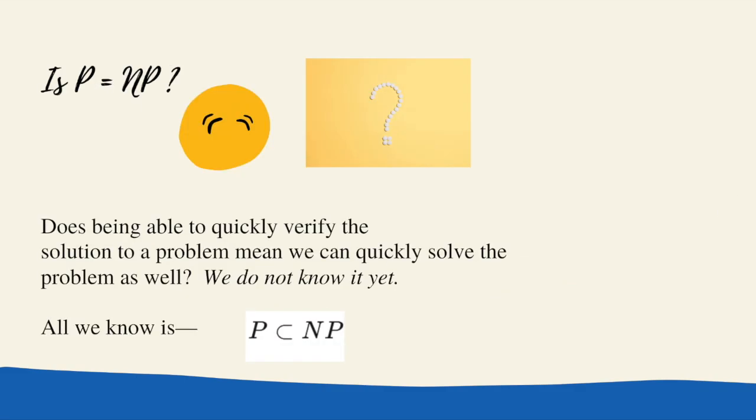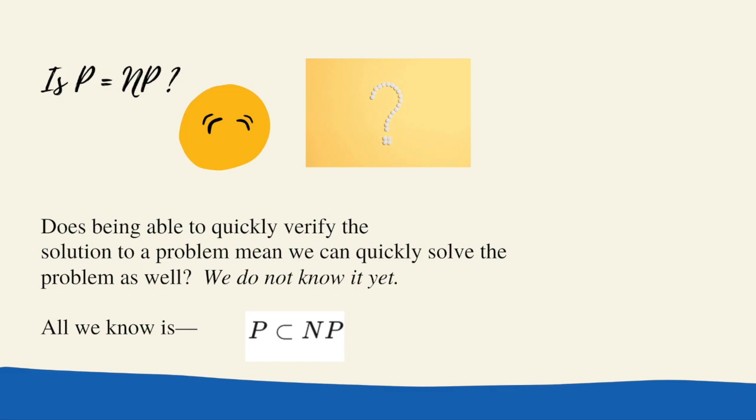Yeah, and that is the problem of P versus NP, and that is what it means. It's one of the Millennium Prize problems by the Clay Institute, and it can be described simply as this: does being able to quickly verify the solution to a problem mean that we can also quickly solve the problem?